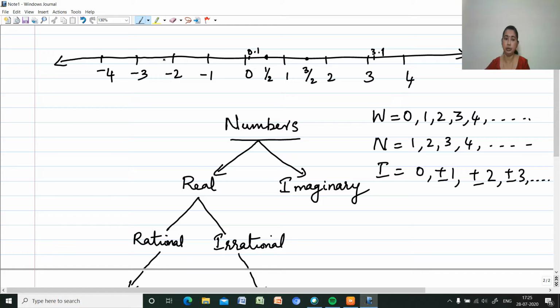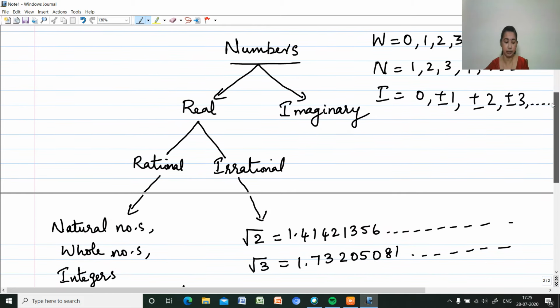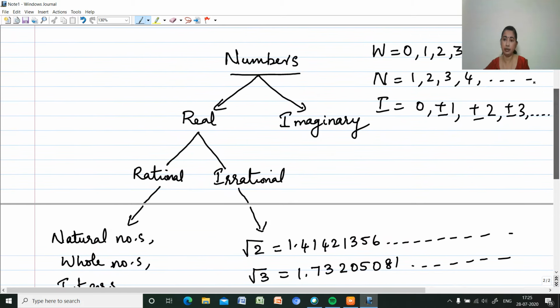You know how to represent rational numbers. We will study how to represent irrational numbers here itself. So whole numbers, natural numbers, integers, these all should be familiar. Once again, the number system consists of two types of numbers, real and imaginary.